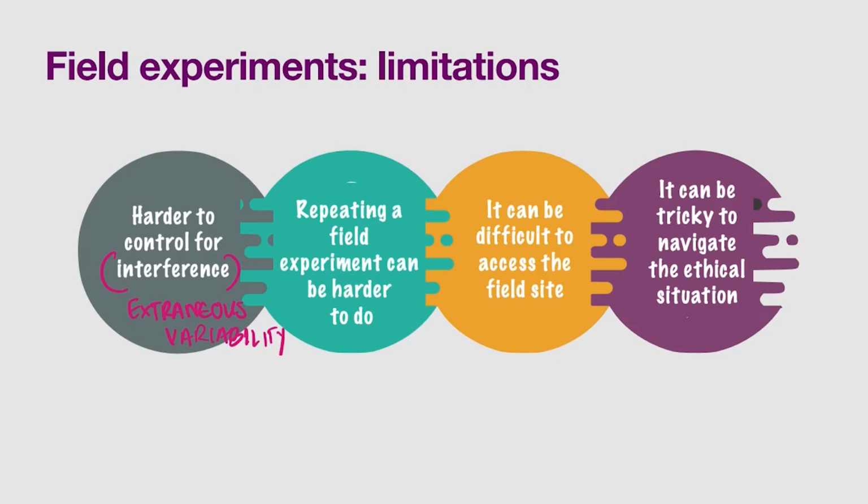Also in a field experiment you may aim to have standardization, but standardizing the procedures of a field experiment is not always possible, which means that reduced standardization equals replication of a field experiment can be harder to do. Also remember that the field itself is always changing.